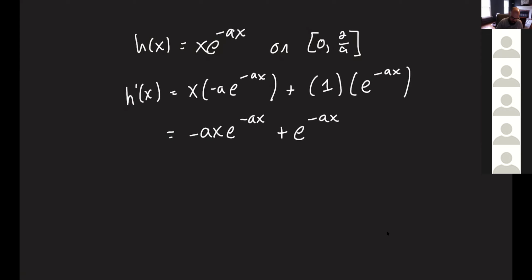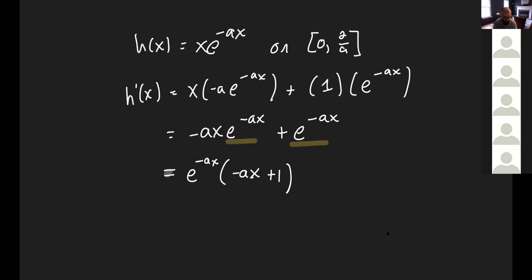And just like I did before, I can factor this e to the minus ax out from both of them, and we're left with e to the minus ax times negative ax plus 1.